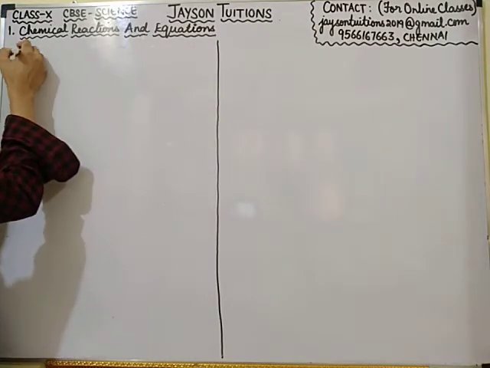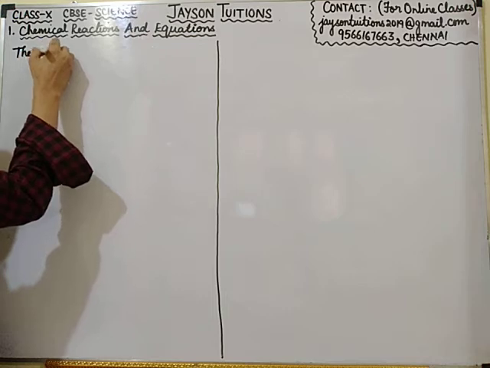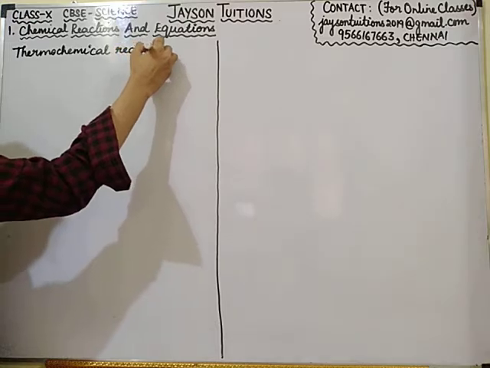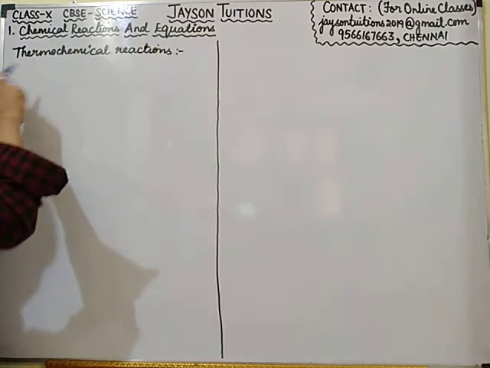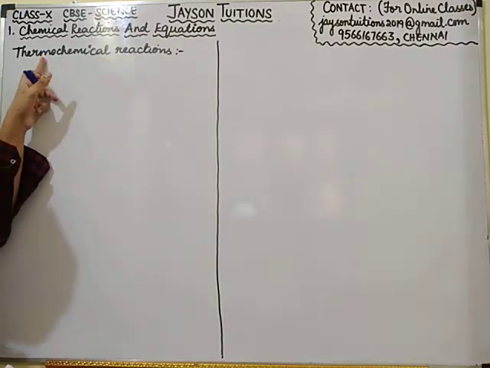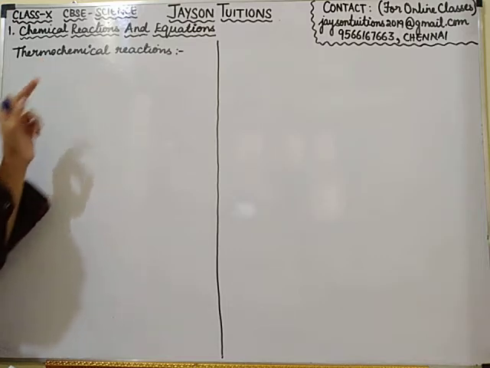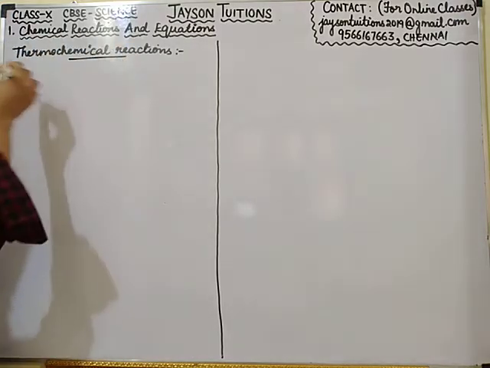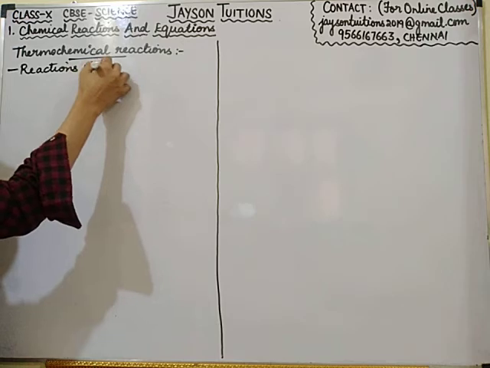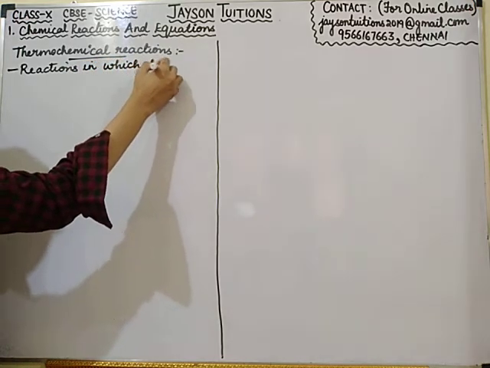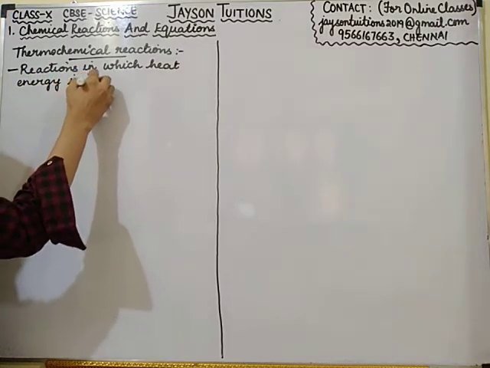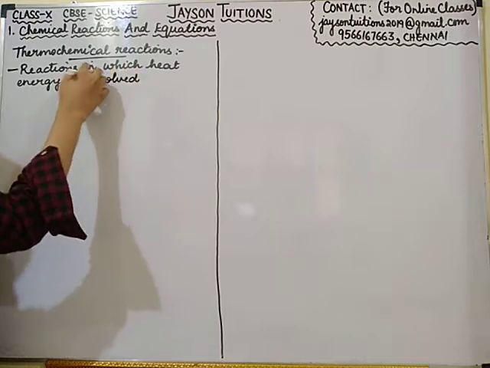Today we will see what are thermochemical reactions. Thermo means heat. So all the chemical reactions in which heat is involved are called thermochemical reactions.